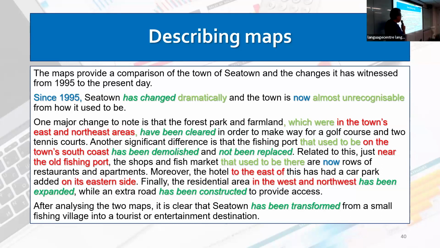And from the words in red, you can see I'm using some words that are related to directions, like in the town's east and northeast areas. These are words that are referring the readers to the different directions in the map. So again, you can see some descriptive language in the form of what we call prepositional phrases.